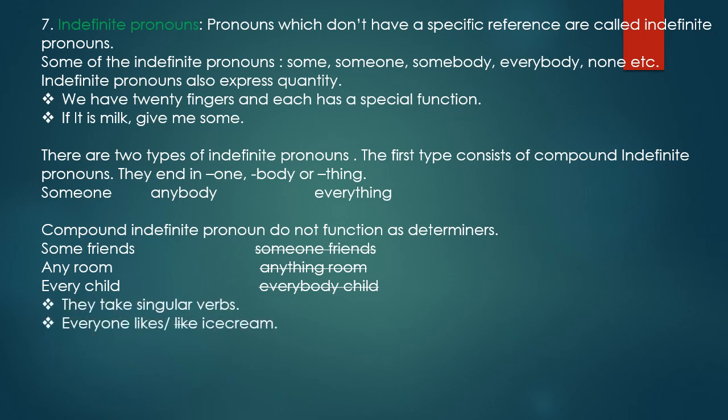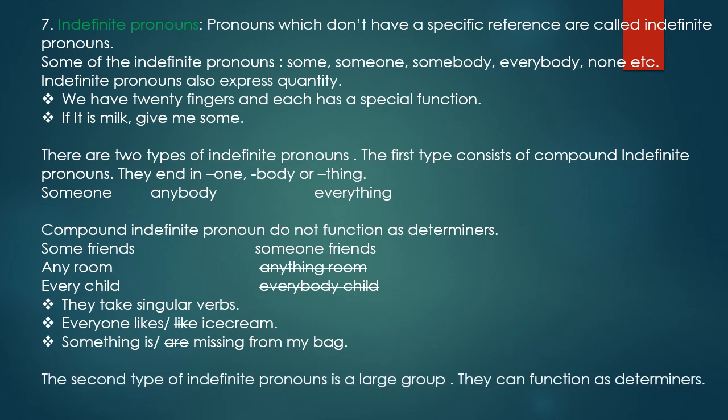So children, you must understand these small and very important tips, okay, how to use them, and they take singular verbs. The second type of indefinite pronoun is a large group. They can function as determiners: little, some, many, another, etc.